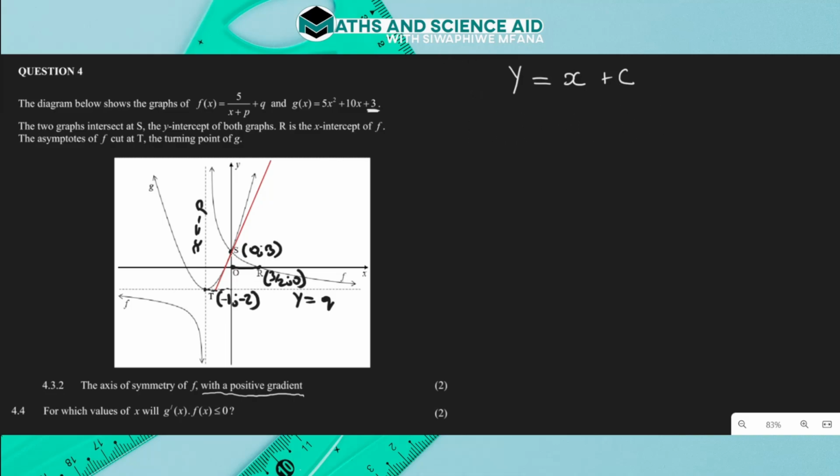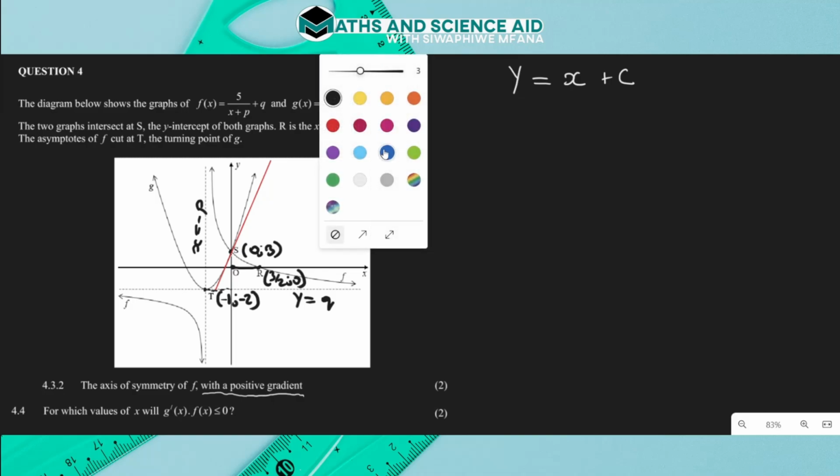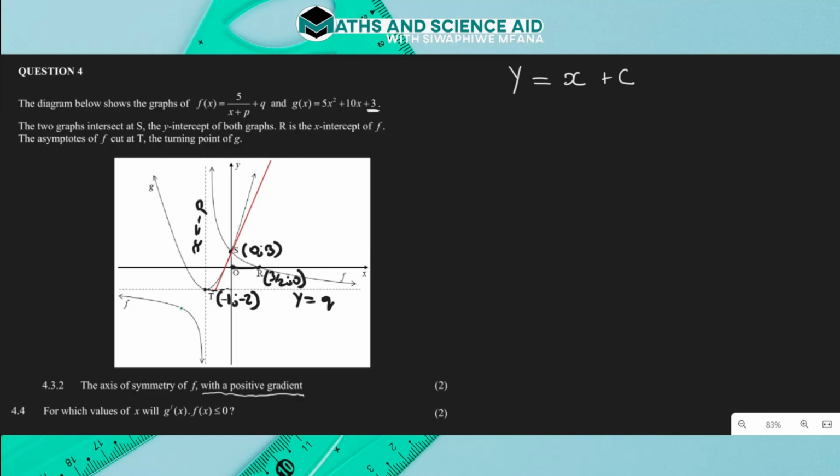Now, visually, you must also know how they look in the graph. So if I were to sketch them here, the one with the positive gradient would look like this. So as you will see, it's passing exactly through the point T where the asymptotes intersect. And so the other one is also going to pass there, but this one has a negative gradient.